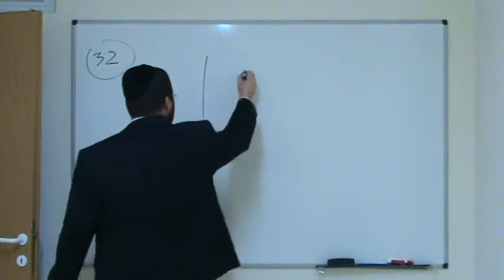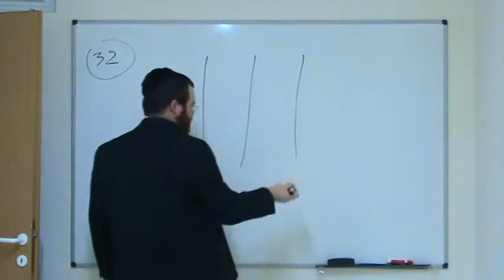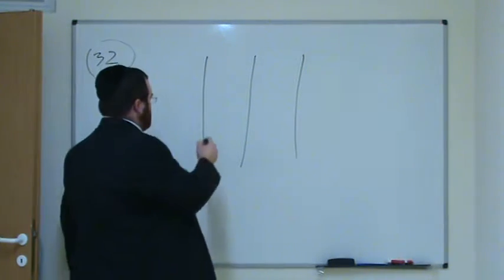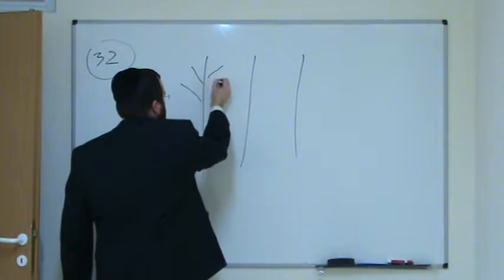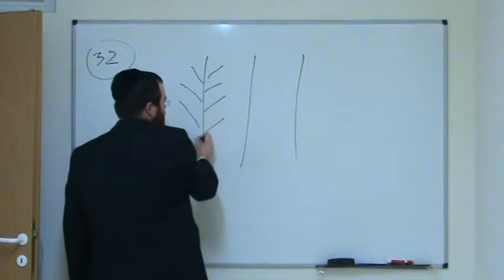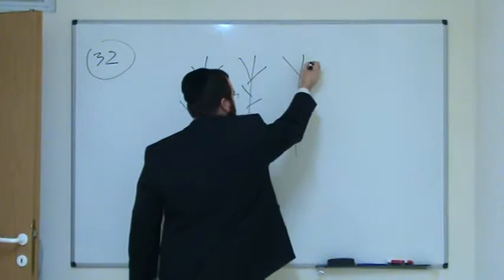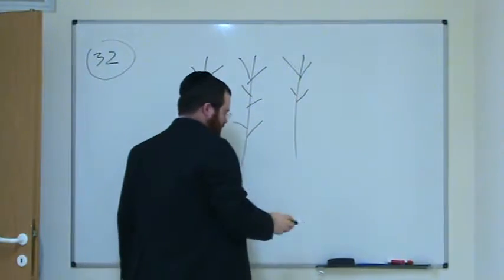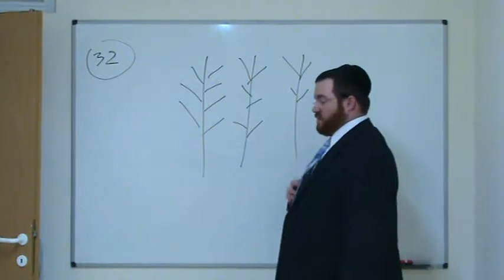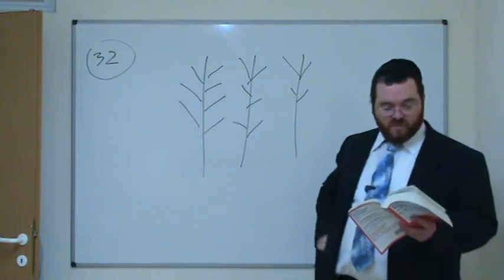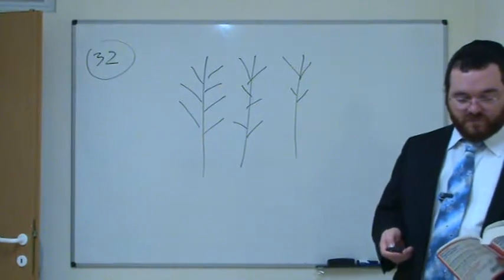So we know it should be 1, 2, 3. And it should be connected by little streams in between these ridges, in between the mountains. And the only answer that looks like that is answer 1. So the correct answer to question 32 is answer 1.